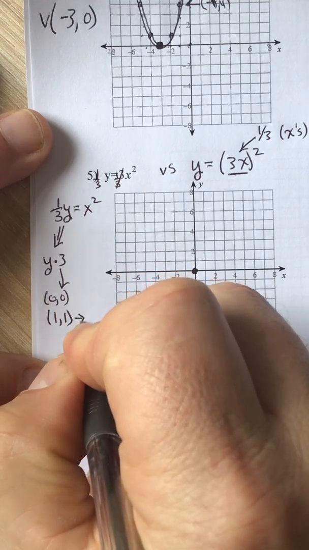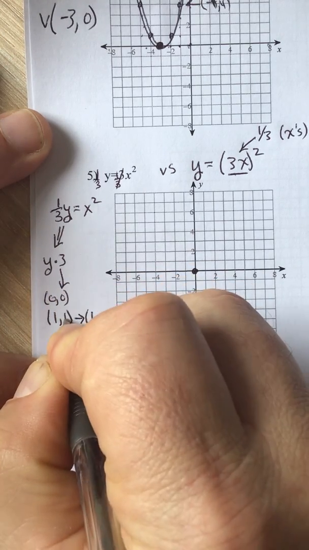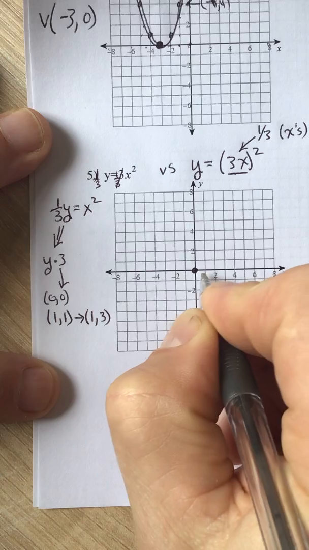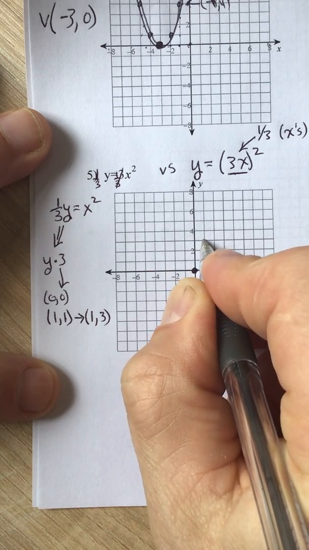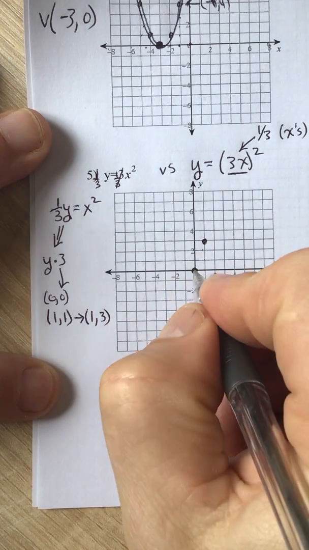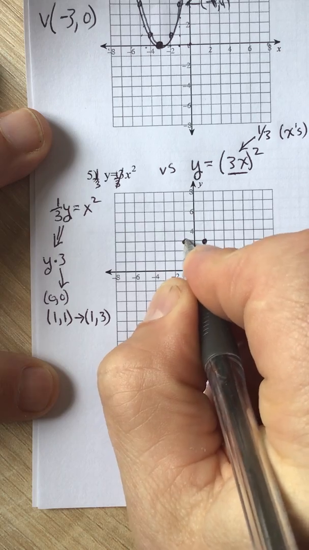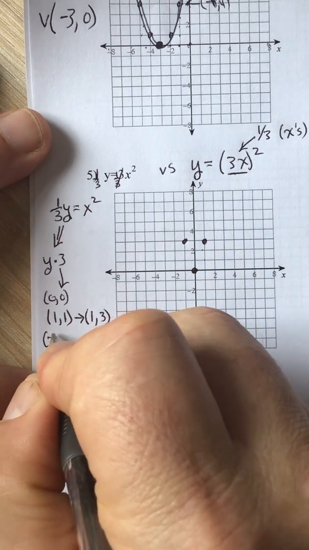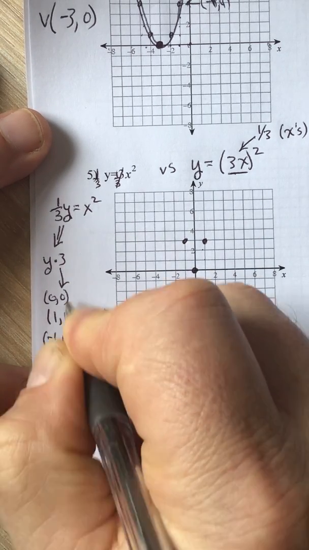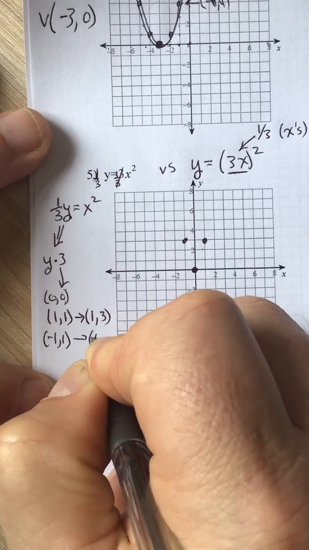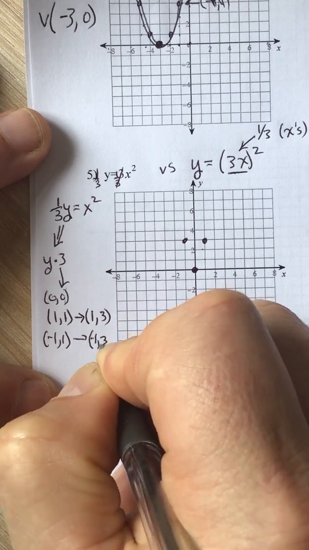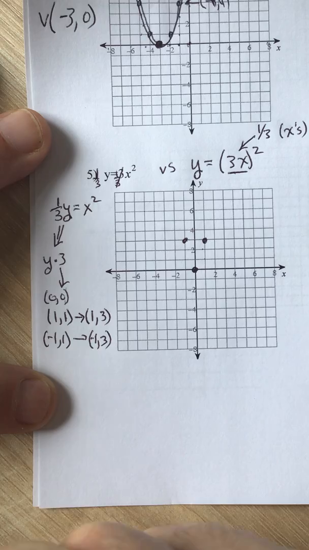But the y's are getting tripled, so it's at 1, and that 1 gets tripled. So over 1 up 3, so the ups are getting tripled. Over 1 up 3, because that would have been the next point, -1, 1, but the y values are getting tripled, so -1, 3. That's that dot.